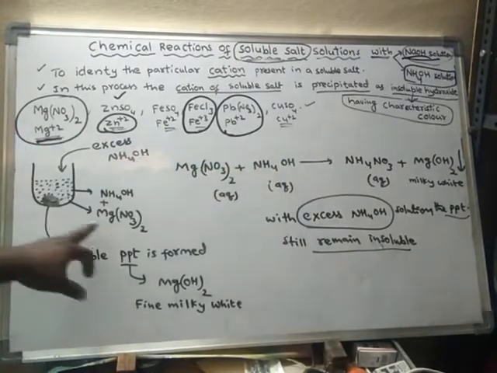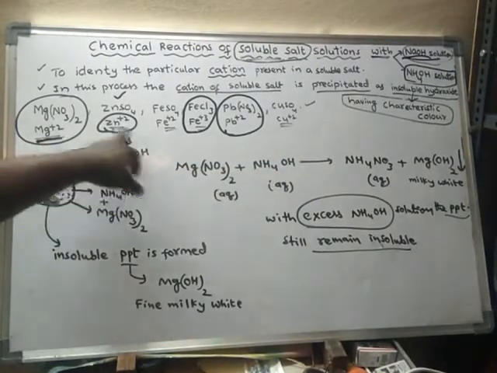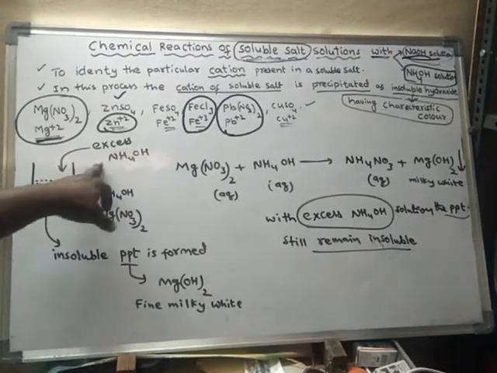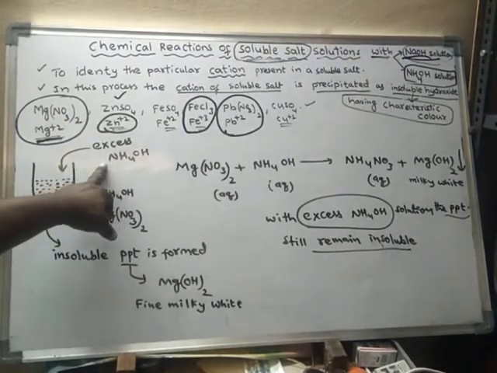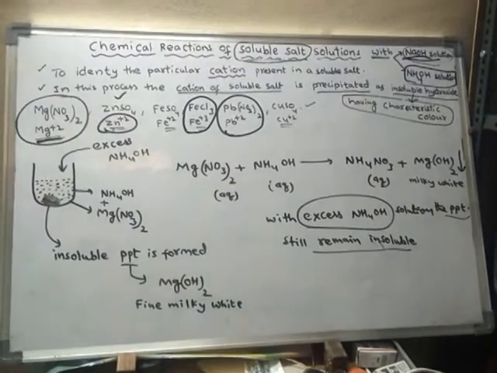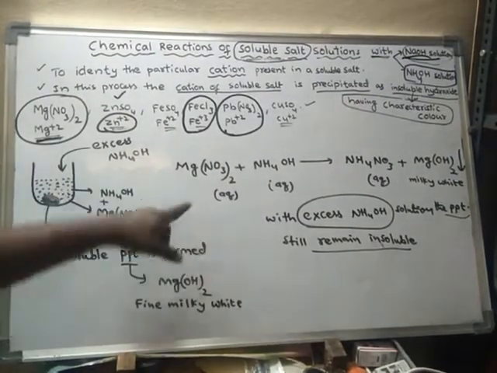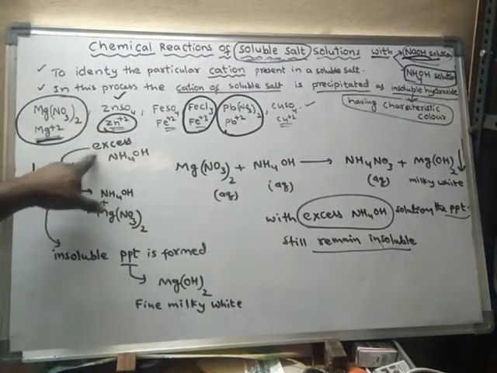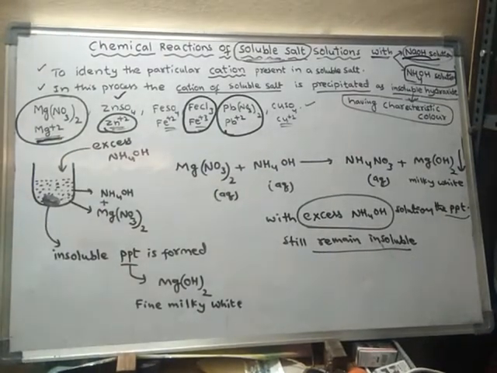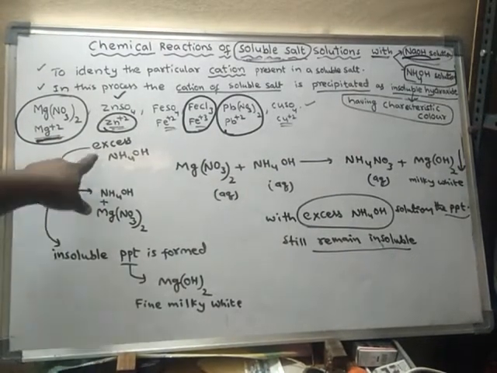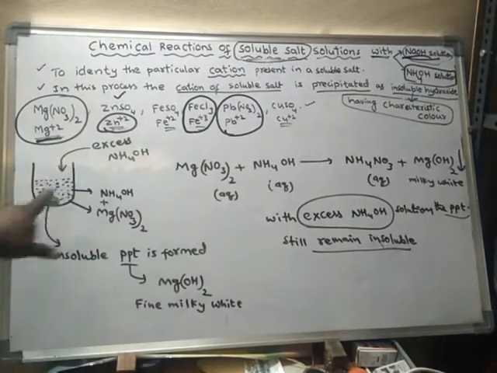And the excess solvent we have added is ammonium hydroxide again. In the previous case we have used excess sodium hydroxide. So now here excess ammonium hydroxide we have used.